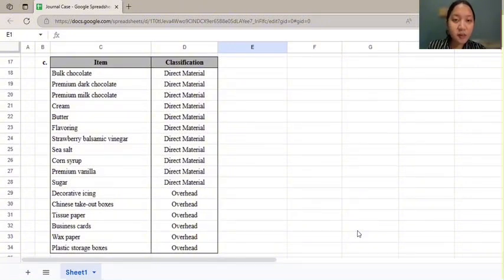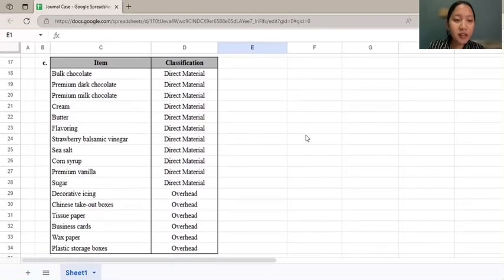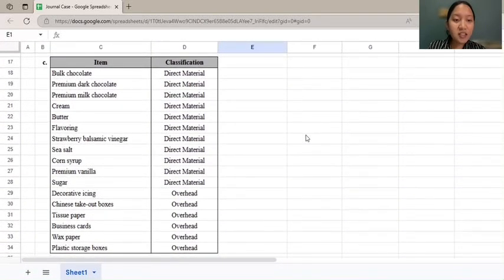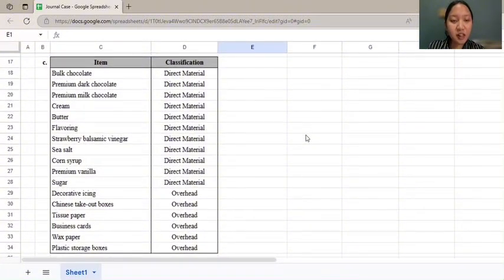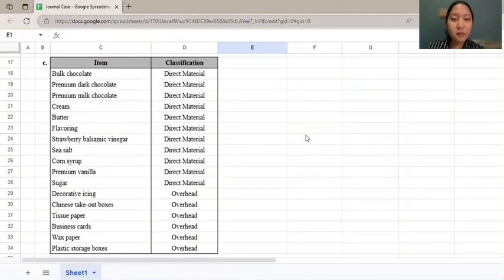For direct material, as you can see on the list, there are bulk chocolate, premium dark chocolate, premium milk chocolate, cream, butter, flavoring, strawberry balsamic vinegar, sea salt, corn syrup, premium vanilla, and sugar. That is because these materials are involved directly to produce the finished product.